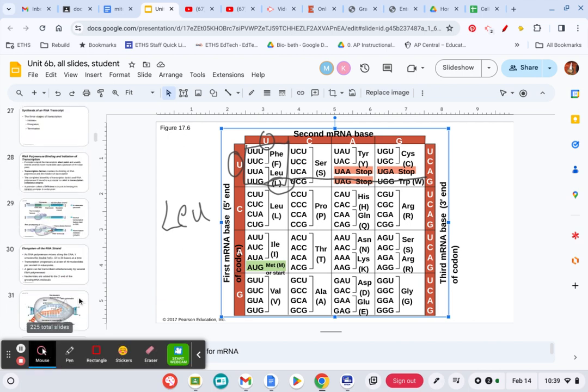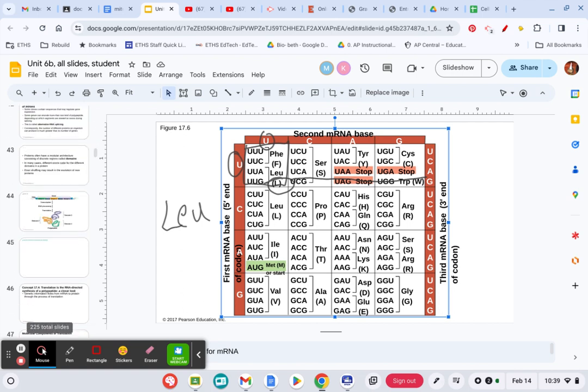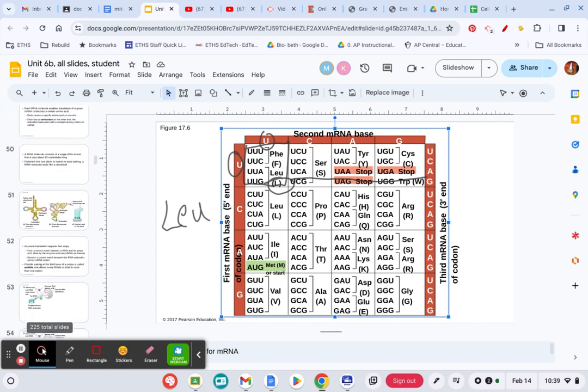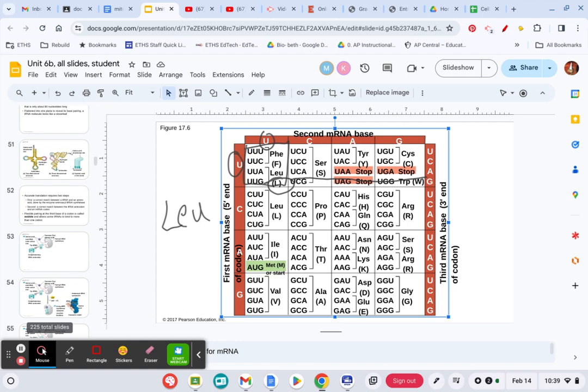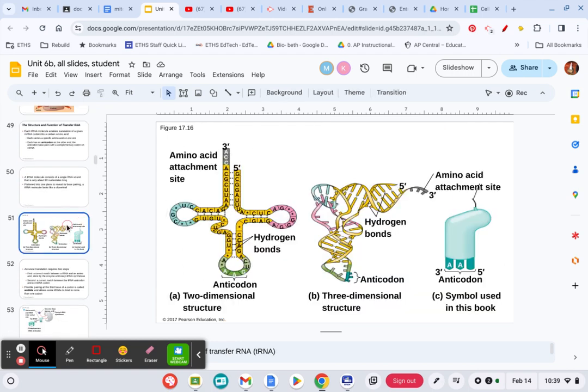All right, let me go back down to, where was I? Here. Okay? So it's always going to be carrying Leu, and it's going to be looking for UG in that particular case. So every tRNA is just kind of stuck carrying the same amino acid.